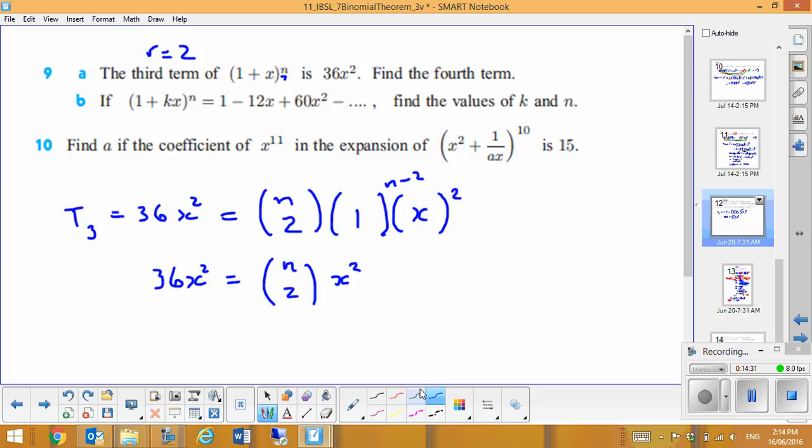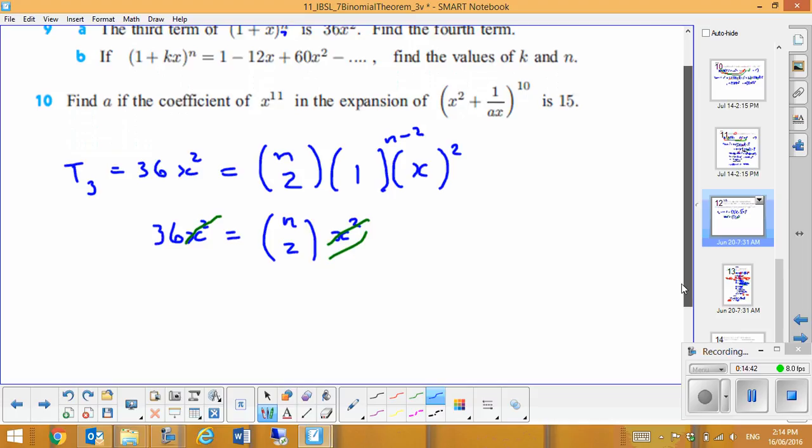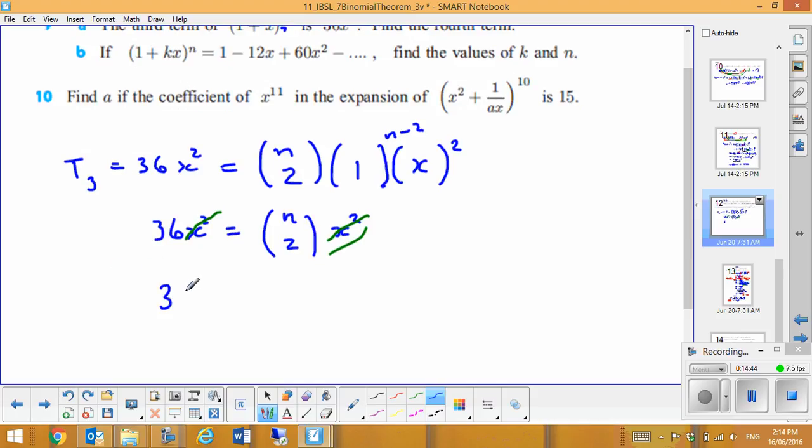We now have a common factor on both sides, so we can cancel our x squareds out. So we now know that 36 is equal to NC2. So the question is, how do we solve that?